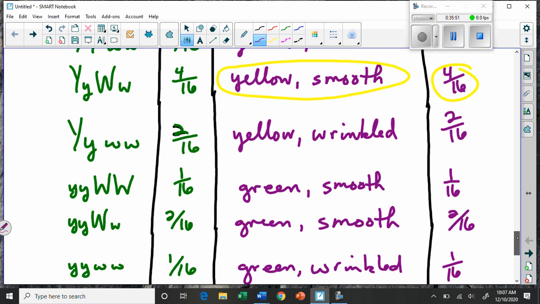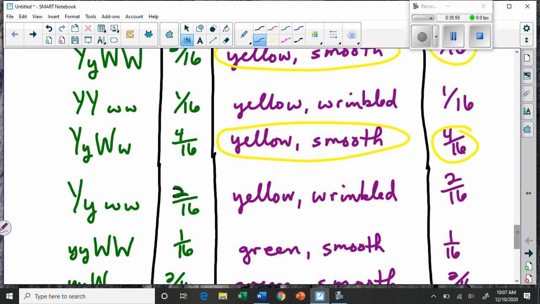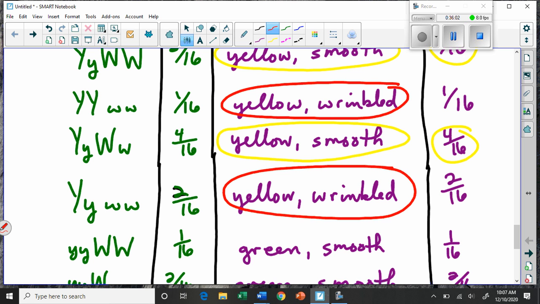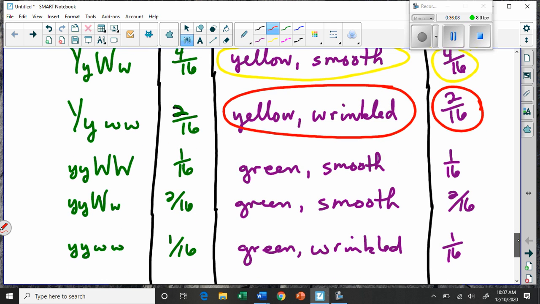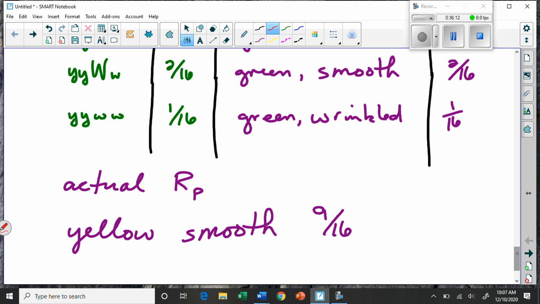Well, I've got yellow and wrinkled right here. So let me look at yellow and wrinkled here and yellow and wrinkled here. That's 1/16 and 2/16. So that's 3/16, right? And there's no other yellow and wrinkled peas. So 3/16 for yellow and wrinkled.